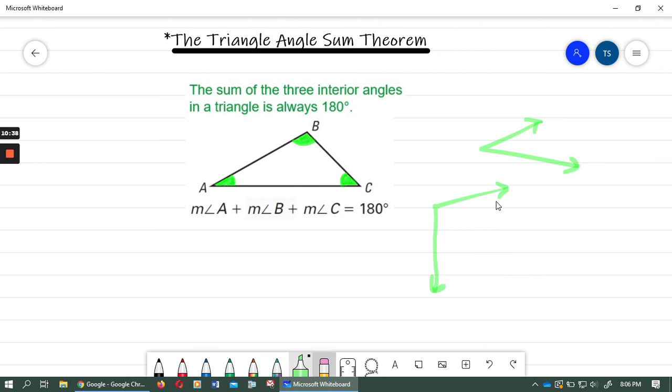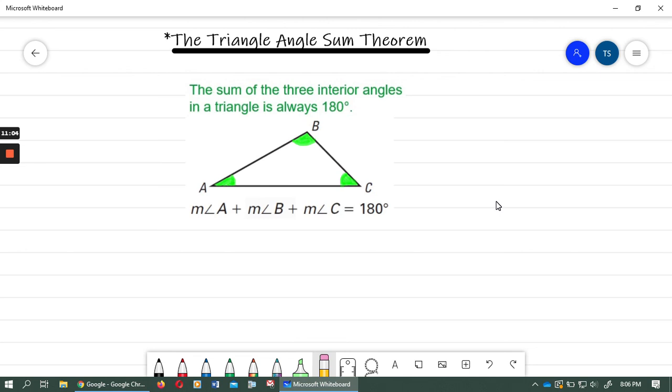So please don't get this confused. Do not try to compare this to supplementary angles, where we're talking about two angles that add to 180 degrees that are not inside of a polygon like what we have here.